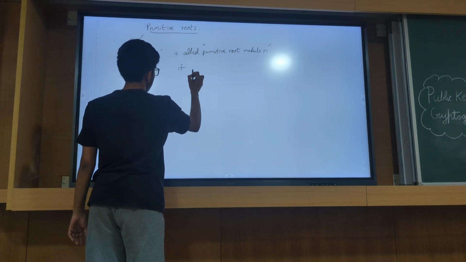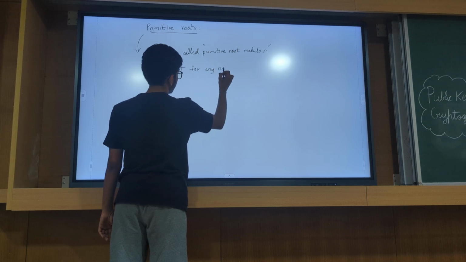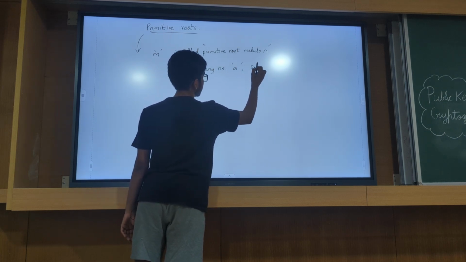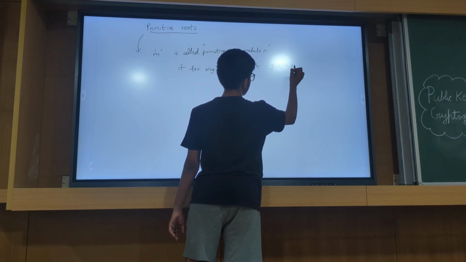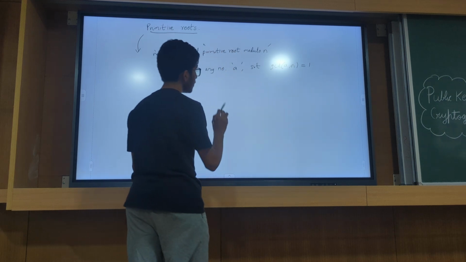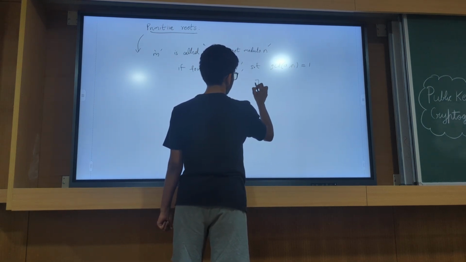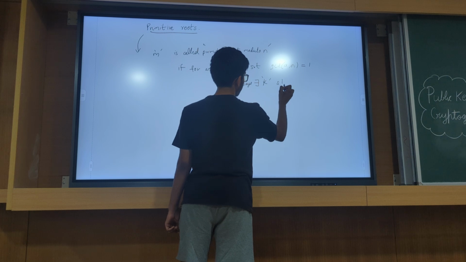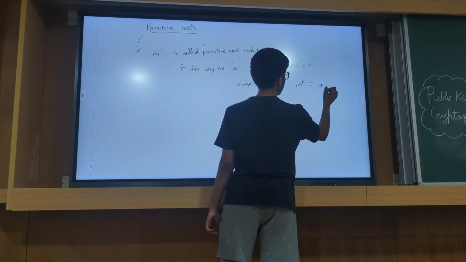If for any number a such that GCD of a comma n is 1, there exists k such that M power k is congruent to a mod n.